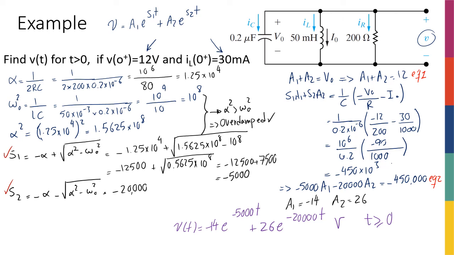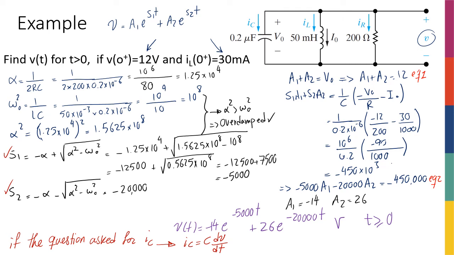You find the V, and then, if the question asked for, let's say, IC, I know that IC is equal to C dV over dt. So once I have the expression for V, I just take the derivative of that expression, multiply it by C, and now I have the current of my capacitor.